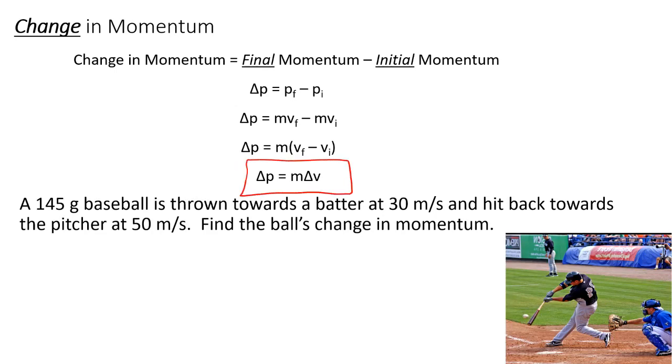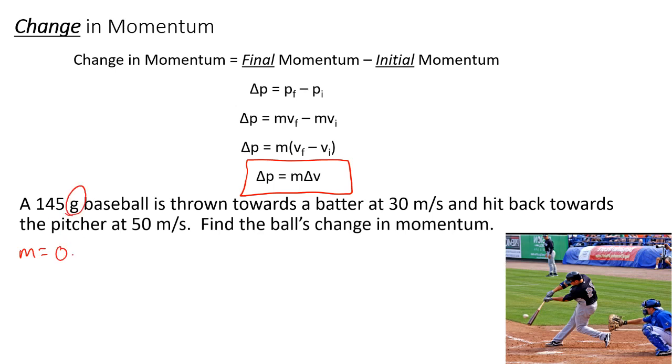Here's an example for us to look at with that. A 145 gram baseball is thrown towards a batter at 30 meters per second, and hit back towards the pitcher at 50 meters per second. Find the ball's change in momentum. I did try to use some realistic numbers here. I looked up the mass of a baseball, and it is 145 grams.